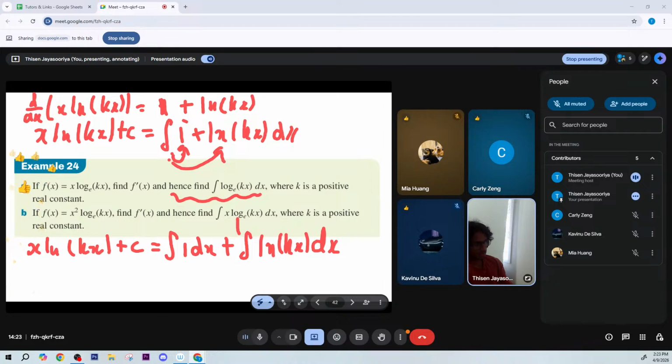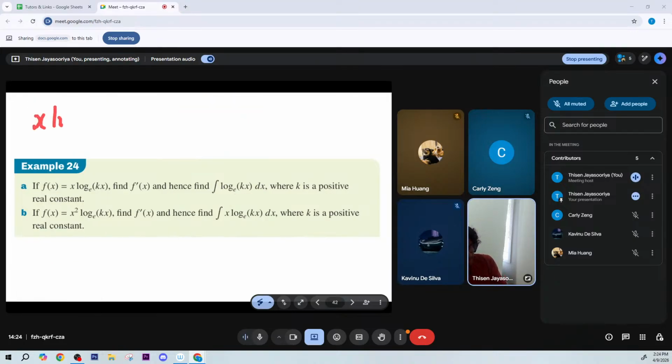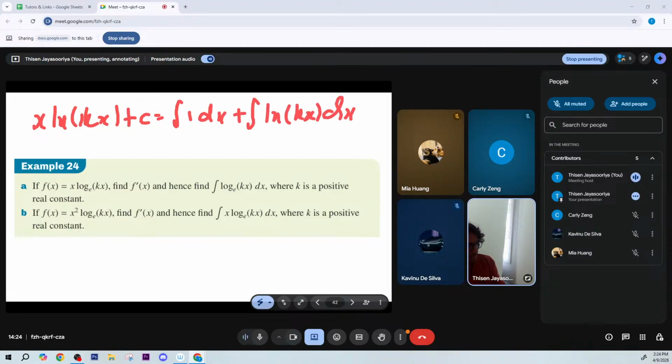And here, do you see that this is the exact thing that I want to find the integral of? So, right, here I have x ln of kx plus c equals the integral of 1 dx plus the integral of ln kx dx. If I want to simplify this one, here, I only want this one on this side.